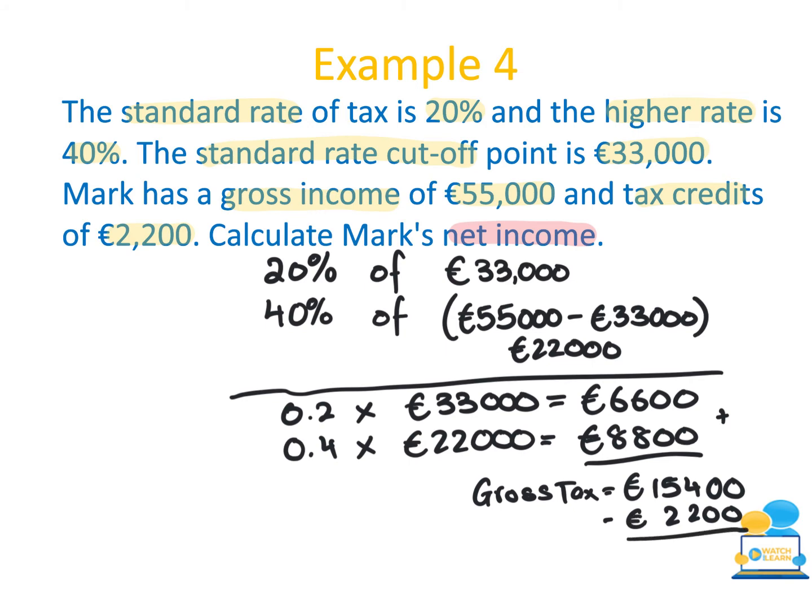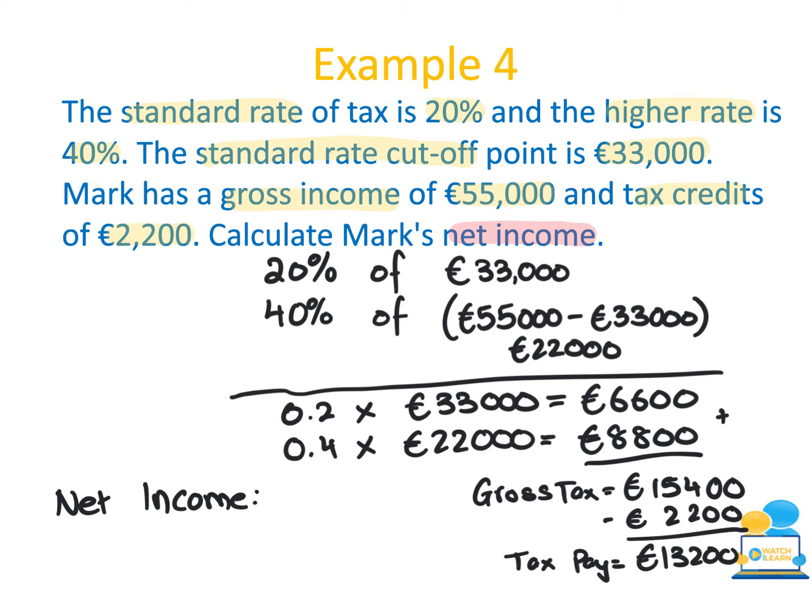This now gives me my tax payable, which is 13,200. So Mark has to pay in tax 13,200. So now I can go and find his net income, because he doesn't have any other deductions, only the tax that he has to pay.